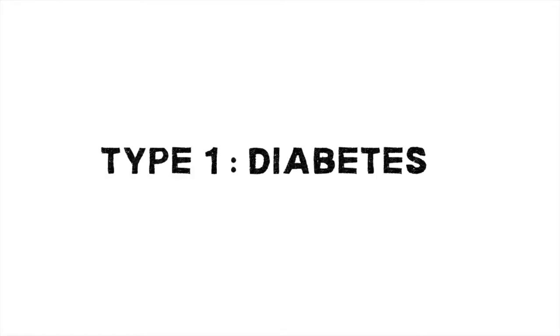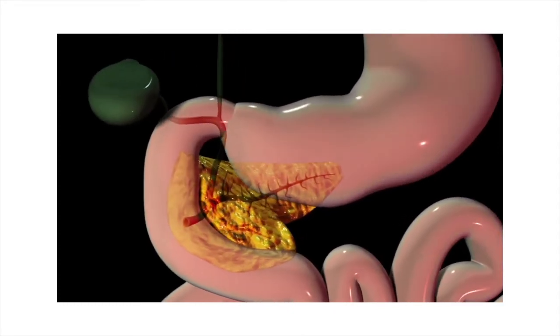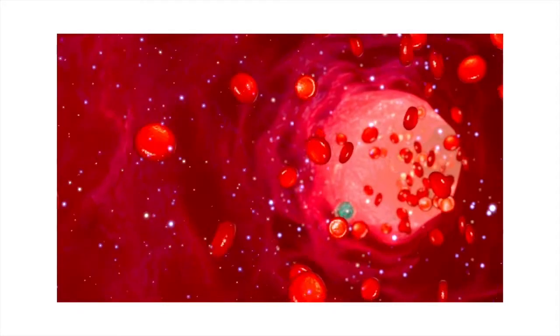Generally, type 1 diabetes refers to a faulty pancreas, where the pancreas is completely incapable of producing any insulin.